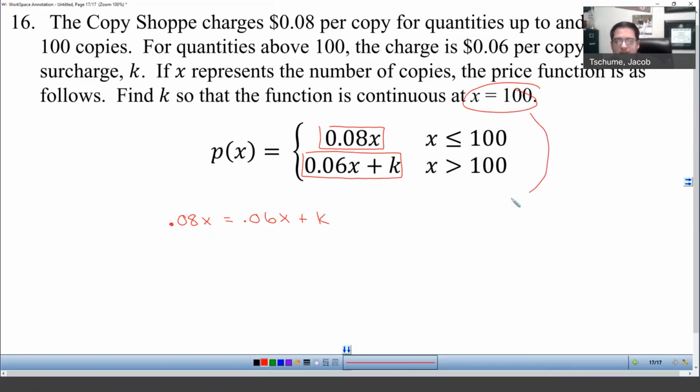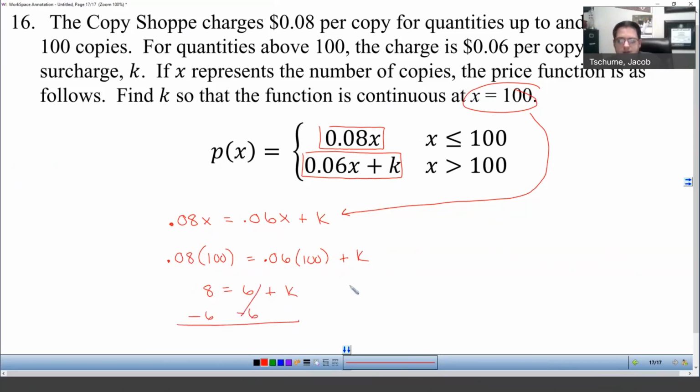So I'm going to take x equals 100 and plug this into my equation. This would be 0.08 times 100 equals 0.06 times 100 plus k, which would be 8 equals 6 plus k. And if you move the 6 over to the other side, this means k would be $2.